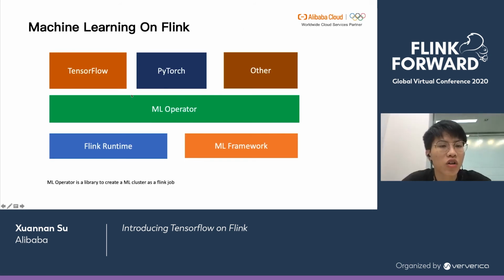On top of the ML operator, we have different implementations for different machine learning libraries. For now, we support TensorFlow and PyTorch. In the next couple of slides, I will go through the ML framework and the ML operator module.